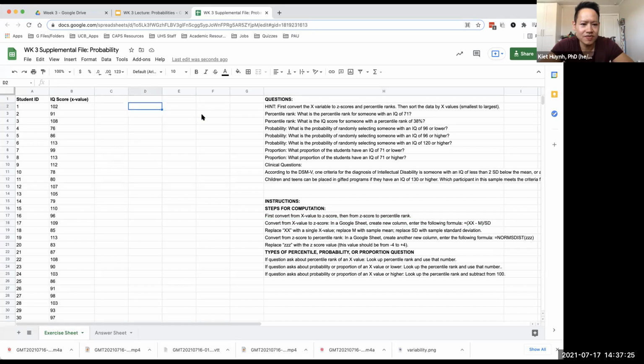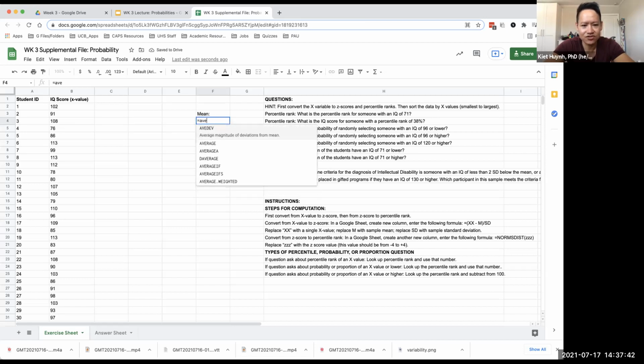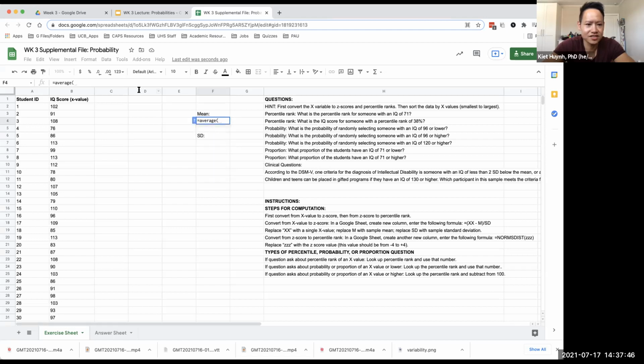So remember how we do that is by computing it. So mean and standard deviation. Okay, so the formula for the mean is equals AVERAGE, parenthesis.